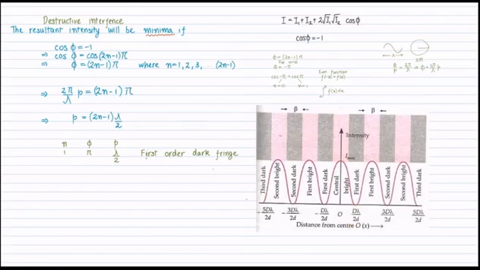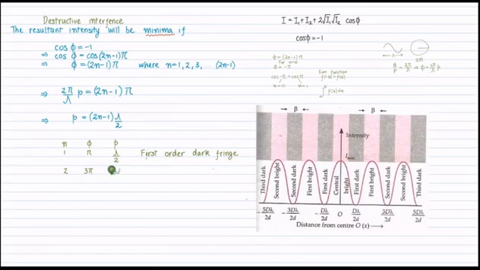Now you can repeat this one thoroughly. Again, substitute the next order, n equals to 2. If n is equal to 2, then my phi will be 2 twos are 4 minus 1, 3 pi. If my phase difference is 3 pi, what will be the path difference? Path difference will also be thrice of lambda by 2.